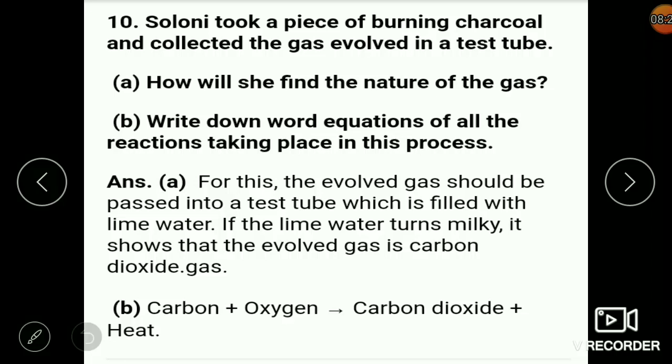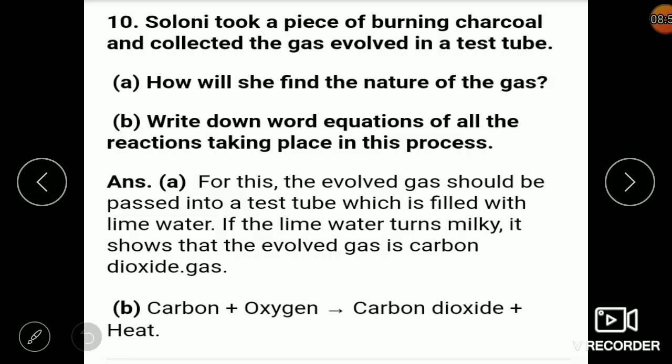Next, Soloni took a piece of burning charcoal and collected the gas evolved in a test tube. How will she find the nature of the gas? Write down the word equation of the reaction taking place in the process. Now, at first you have to know what element is present in charcoal. Charcoal is made up of the element carbon.